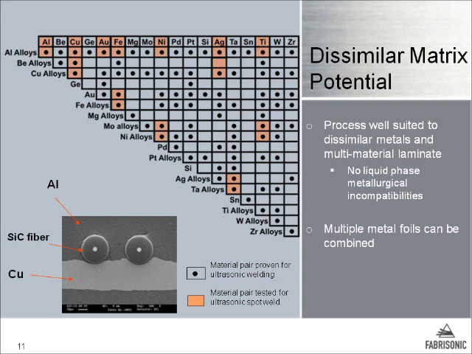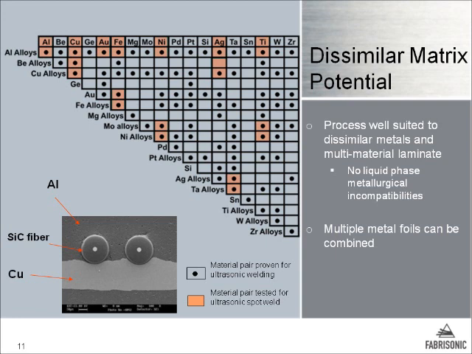So to give you an idea, in the micrograph here you can see aluminum, copper, and silicon carbide fibers all together in a matrix. We've done things like aluminum to steel, aluminum to titanium, titanium to steel, tantalum to steel, amongst many other combinations. The idea here is that you can make custom materials by combining dissimilar metals almost at will.